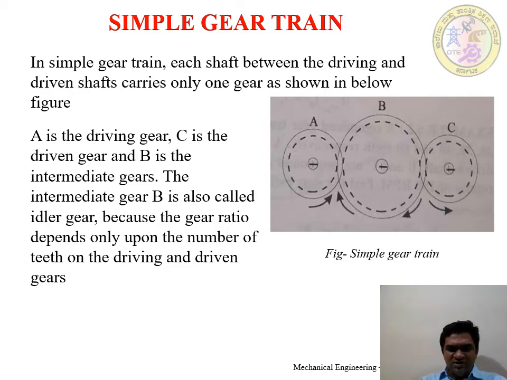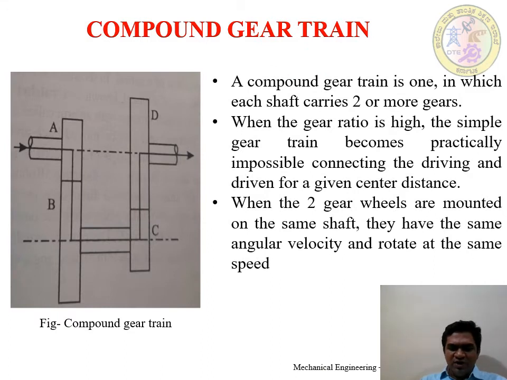The next type is the compound gear train. Here the diagram represents a compound gear train, where each shaft carries two or more gears. Then the gear train is called a compound gear train.